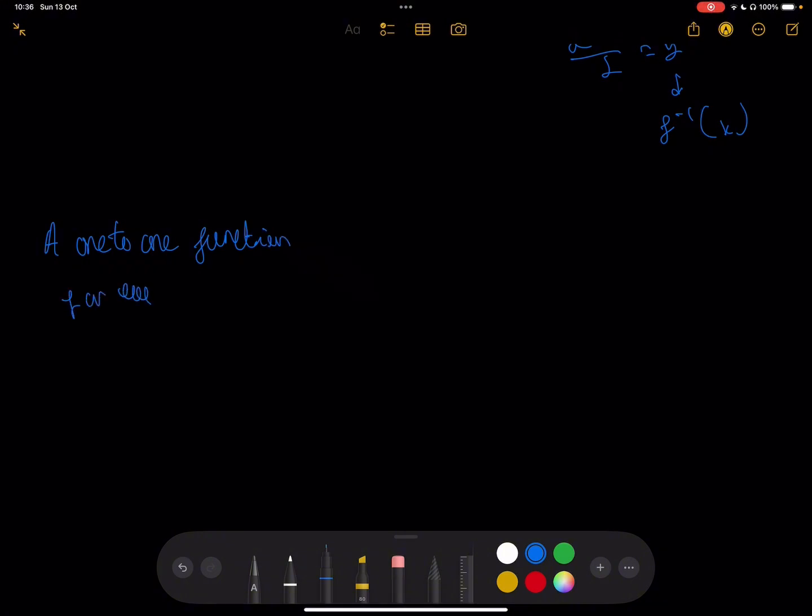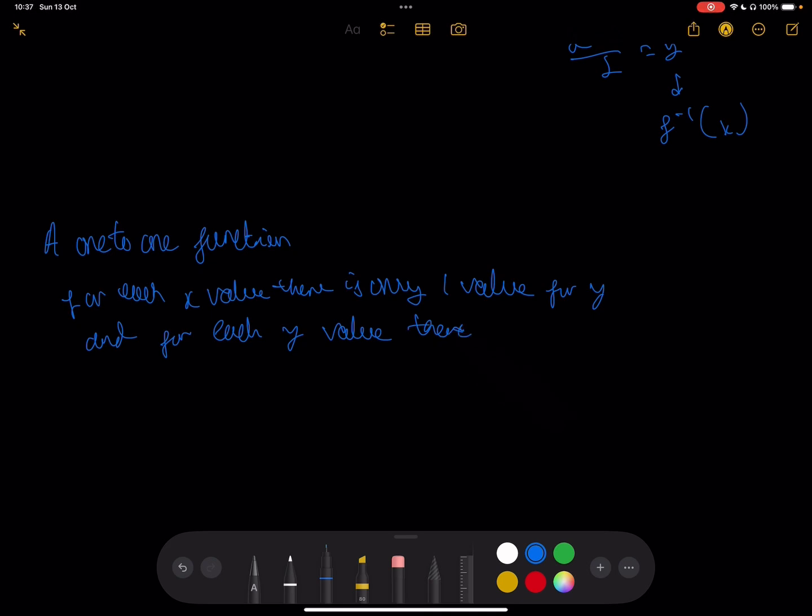A one-to-one function is where for each x value there is only one value for y, and for each y value there is one value of x.